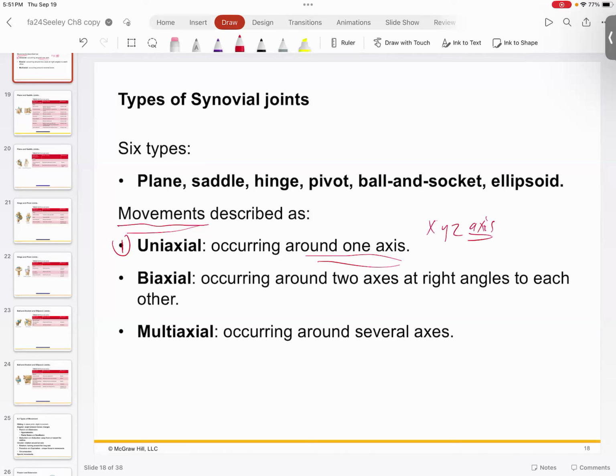So if you're only moving along one of those axes, then you're uniaxial. If you can move along two of those axes, typically at right angles to each other, then you're biaxial. If you're multi-axial, then typically you can move in several directions, both the X, Y, and Z directions.